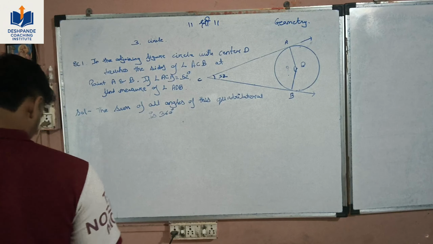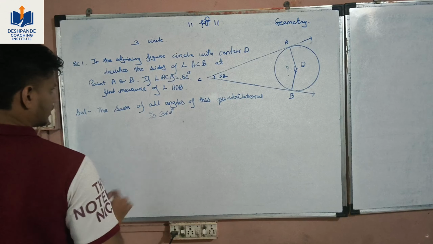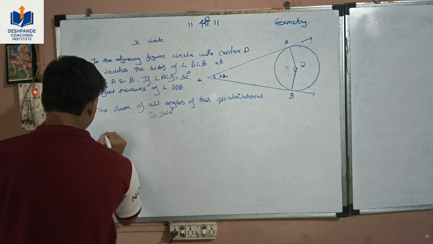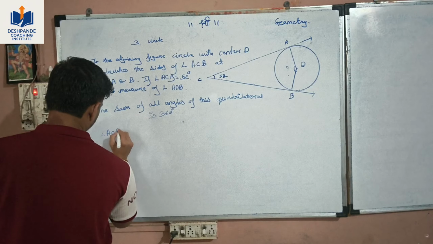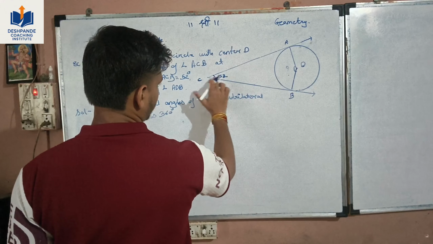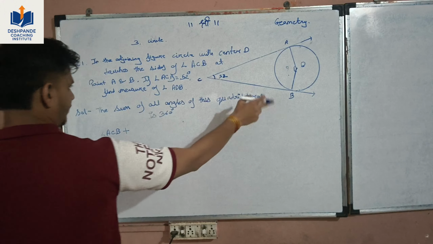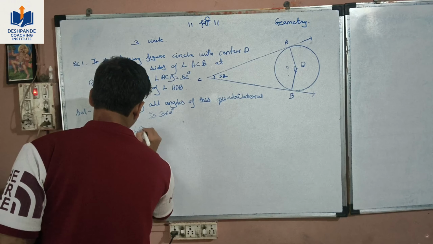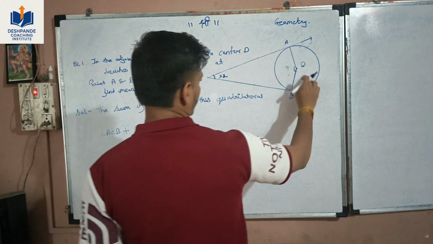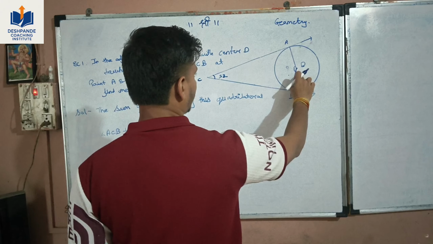So angle ACB is given, which is 52 degrees. Now we will see which four angles: angle ACB, which is 52 degrees, plus angle CBD, or you can write DBC, plus angle BDA, which we have to find, so we will write it at the end.